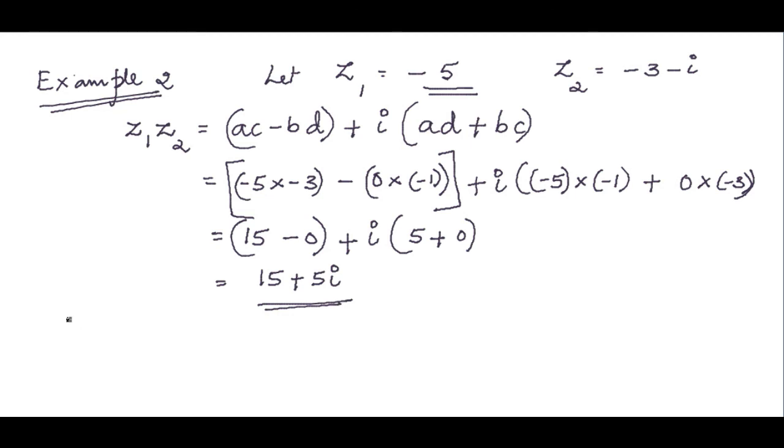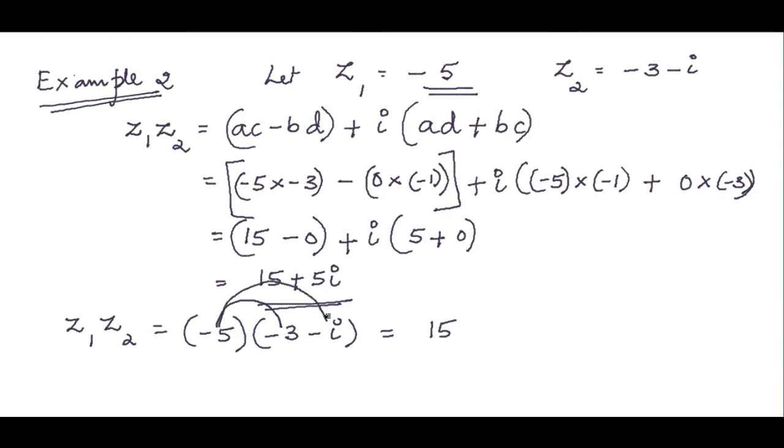Now let me go for the second method. What is that second method? The second method is term to term multiplication. So z1 into z2 is nothing but minus 5 into minus 3 minus i. Only one term is there, so this term into this term, minus 5 into minus 3 is 15, plus this term with this term, minus of minus, it is plus 5i.